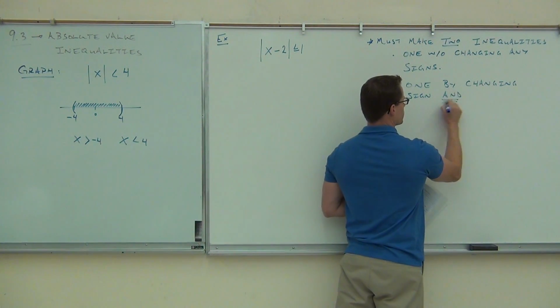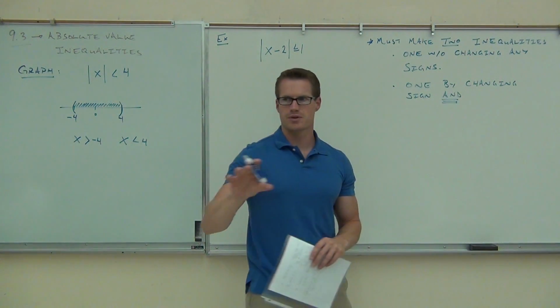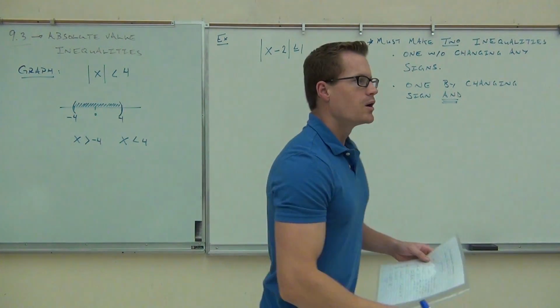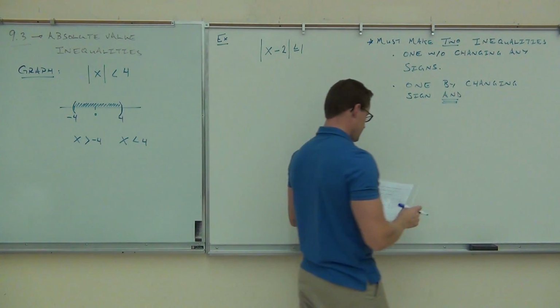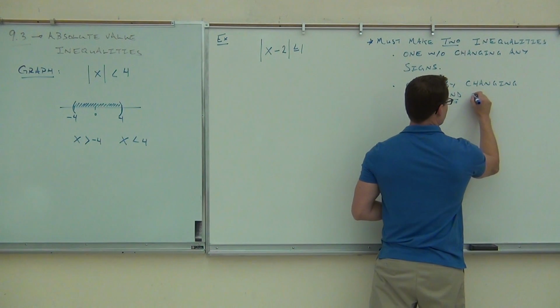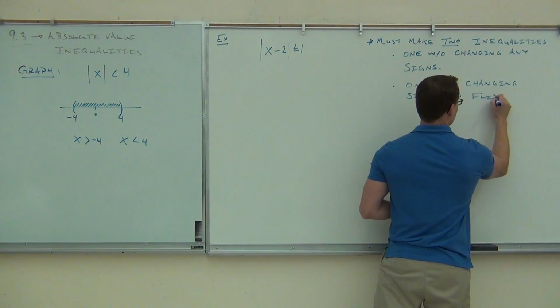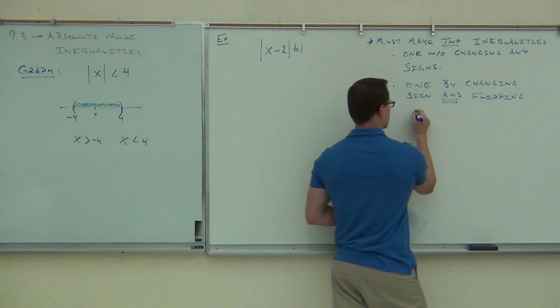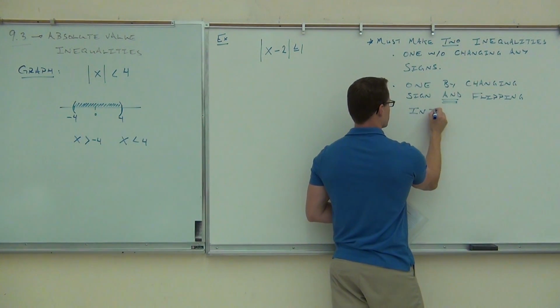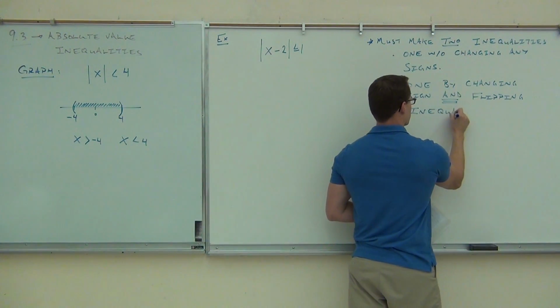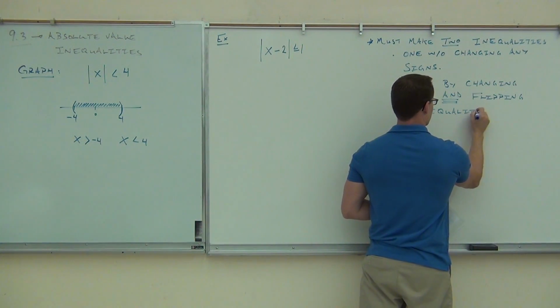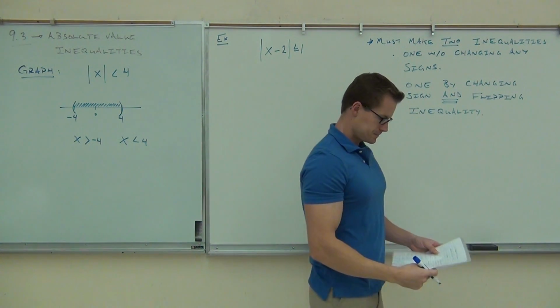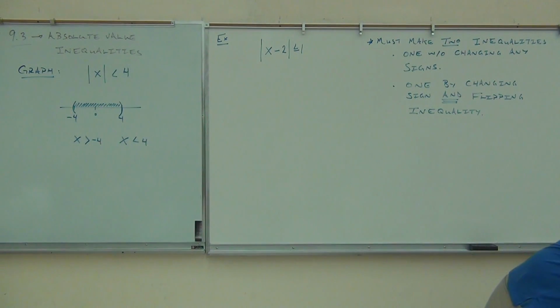And here's the key point, key part of this, because we had that with the equations where you just change a sign. You must flip the inequality. That's an important part.